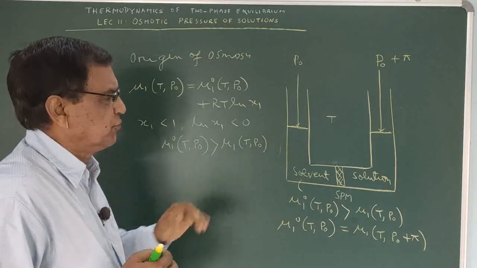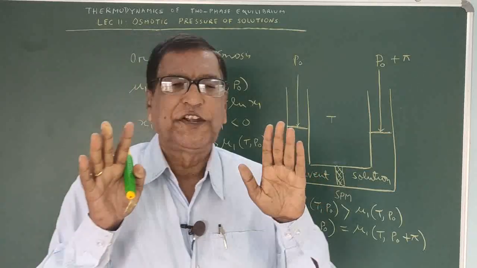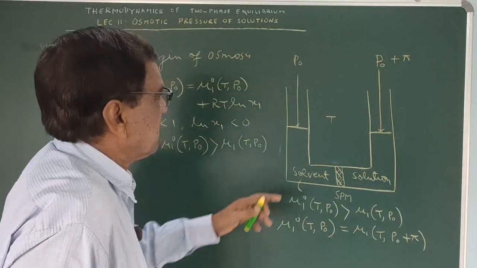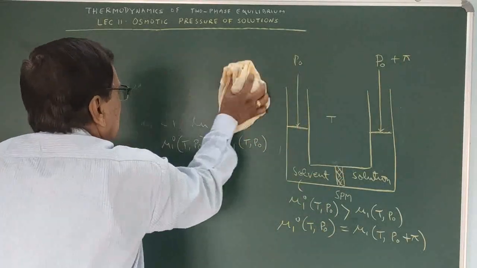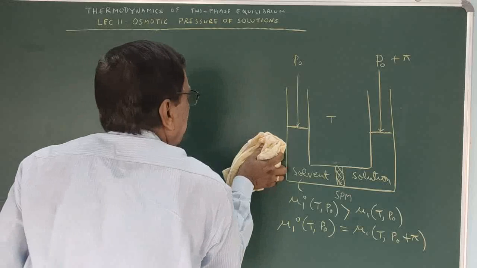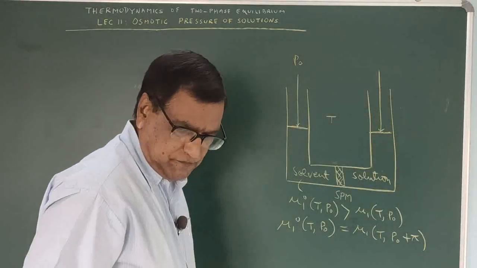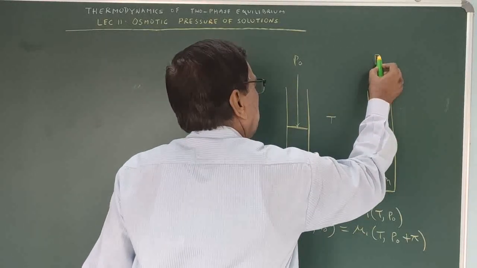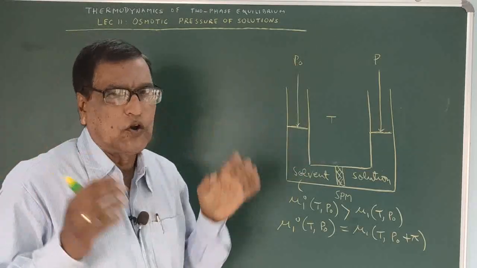Lowering of the chemical potential of the solvent in solution is the cause for the development of osmosis, and this pi is the osmotic pressure. Now we come to another very important process. Suppose P is greater than P naught.